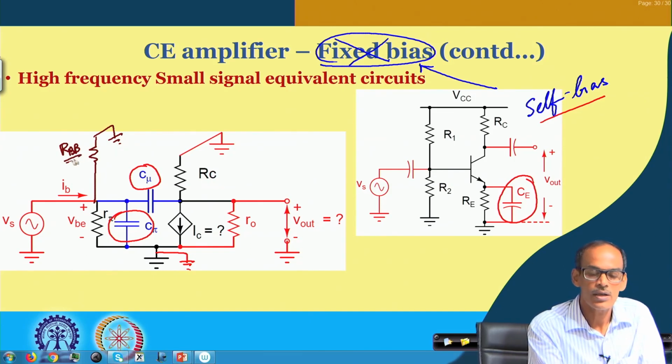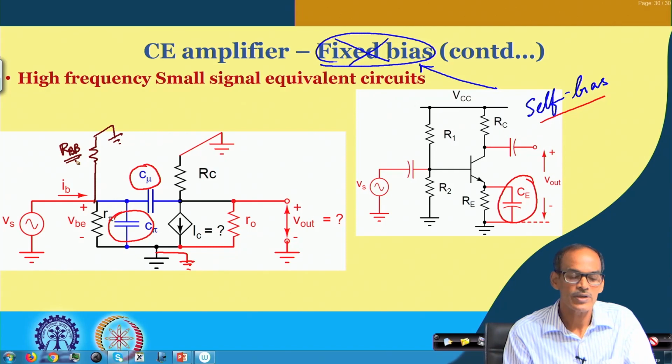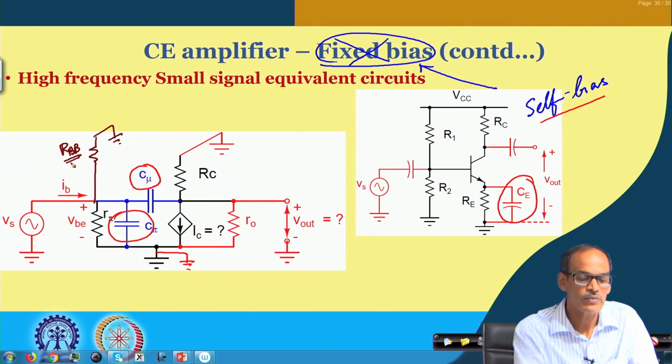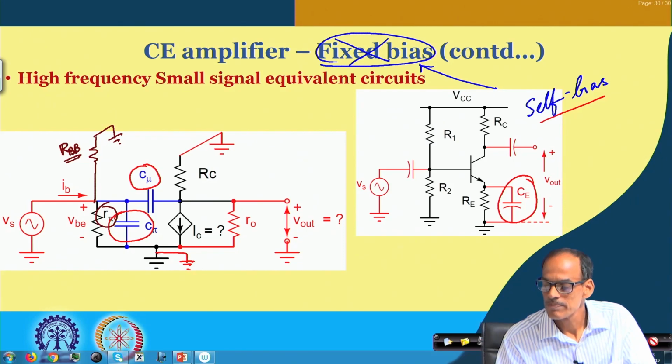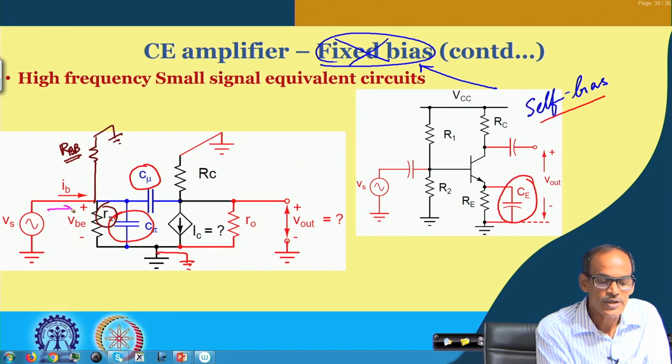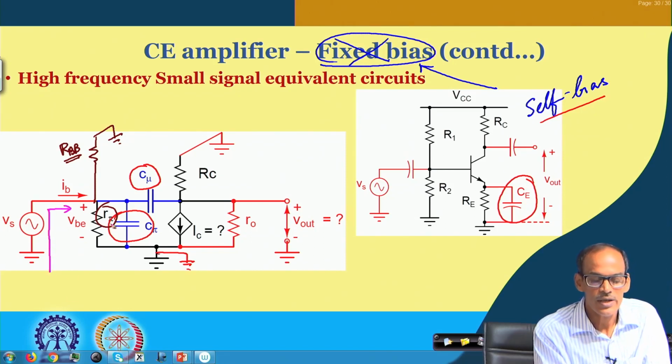Unlike fixed bias where RB was very high, RBB we need to consider. In fact, RBB may be comparable with this r pi, and once we connect this CE, I must mention that the input resistance, earlier it was r pi in series with (1 plus beta) into Re, but now the input resistance is r pi only, coming in parallel with this RBB.